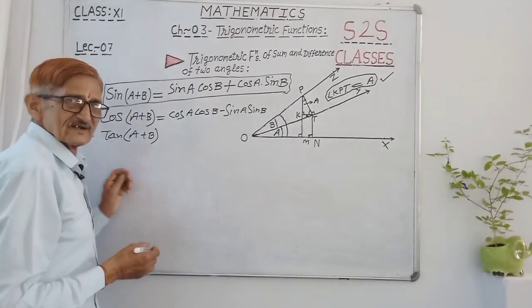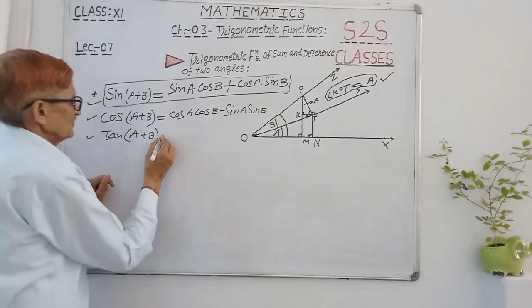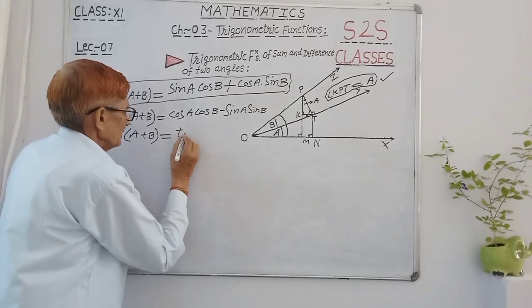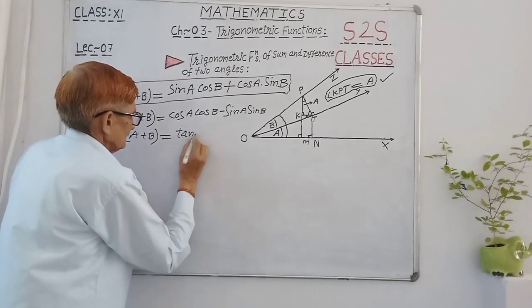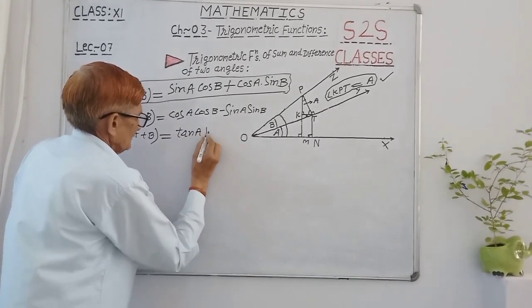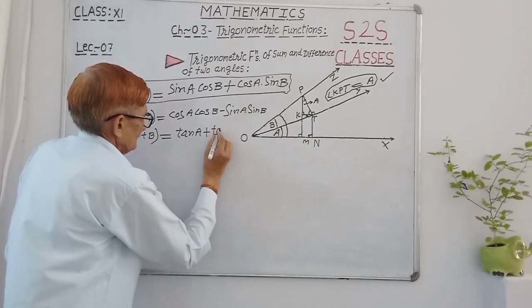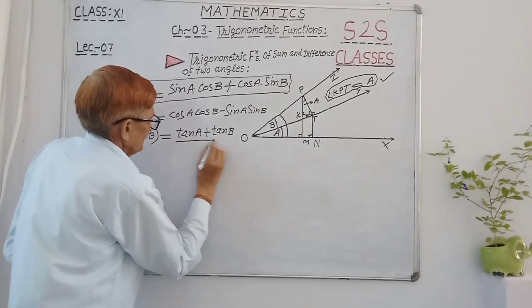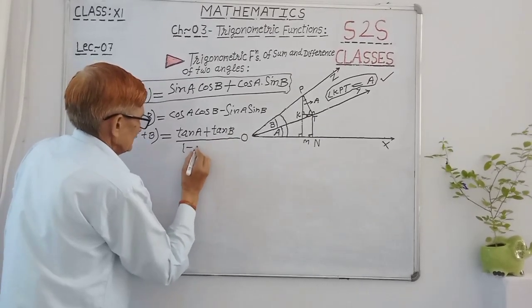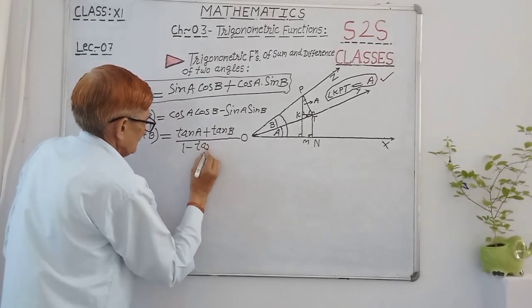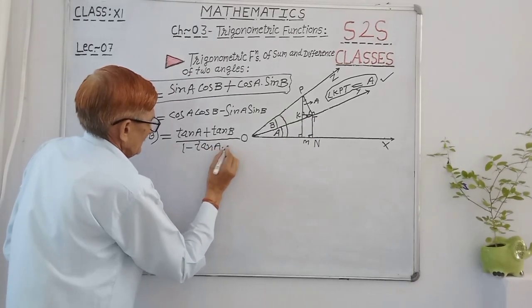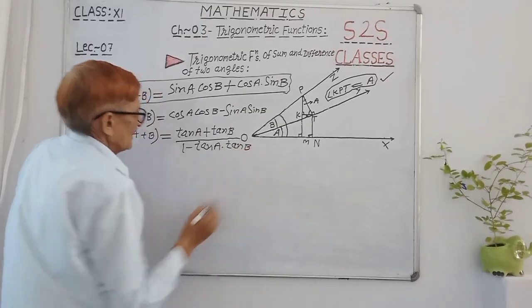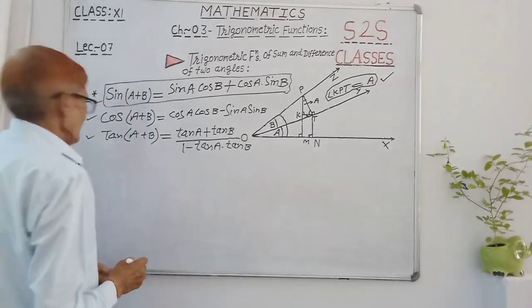Tan of A plus B is equal to tan A plus tan B upon 1 minus tan A into tan B. We can prove this formula.